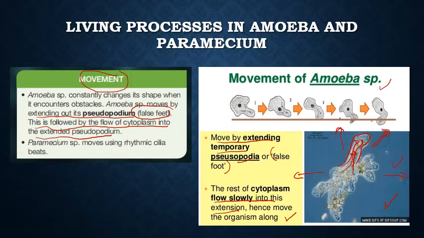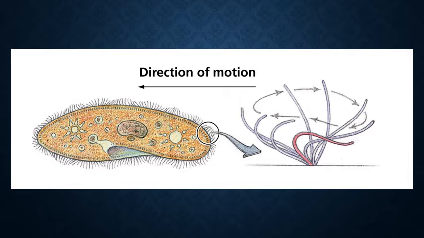Paramecium moves by using rhythmic cilia beats. What are cilia? Cilia is a tiny microscopic projection from the paramecium, rather like hair. This cilia beats like a paddle, paddling backward.